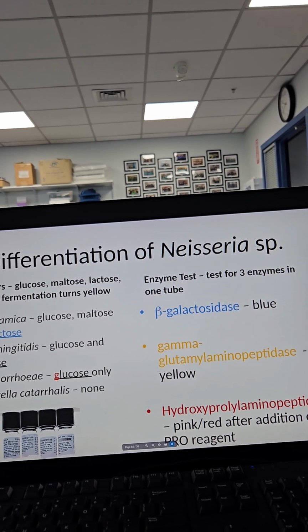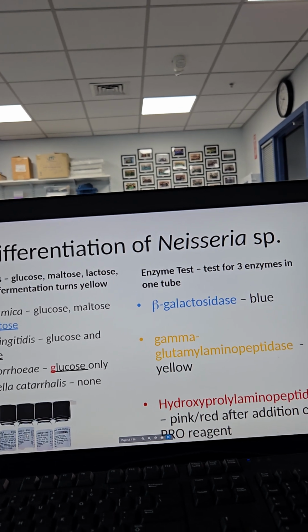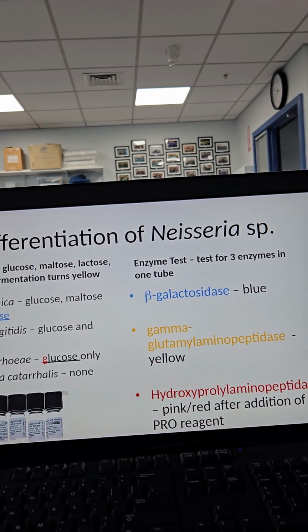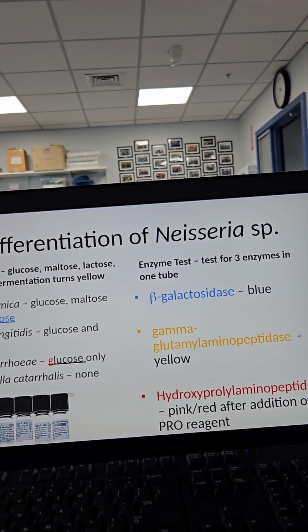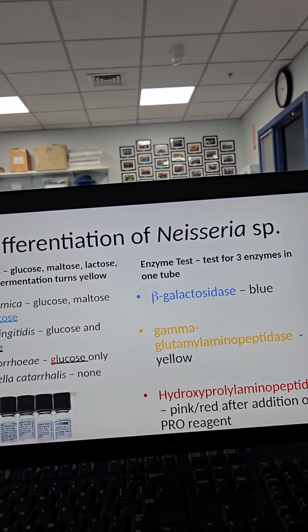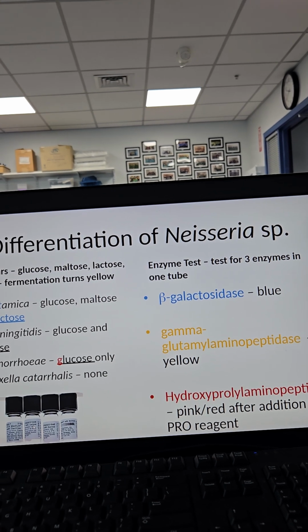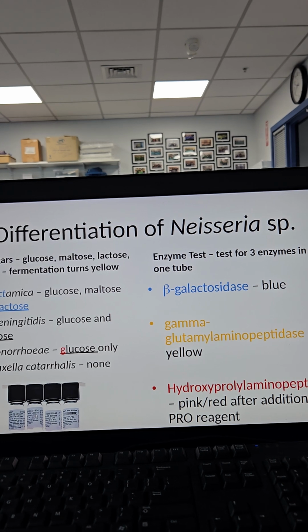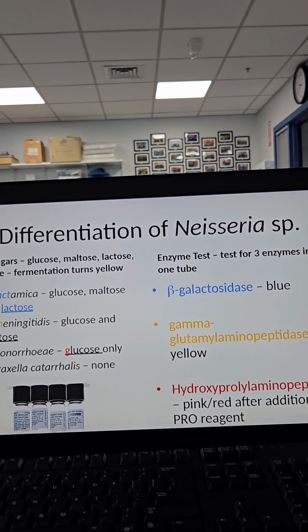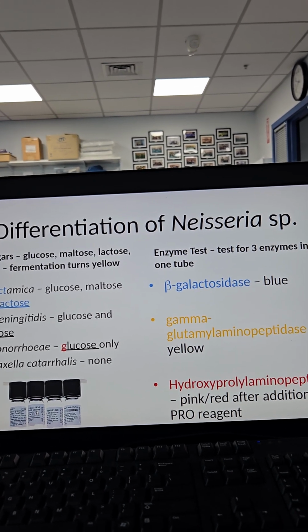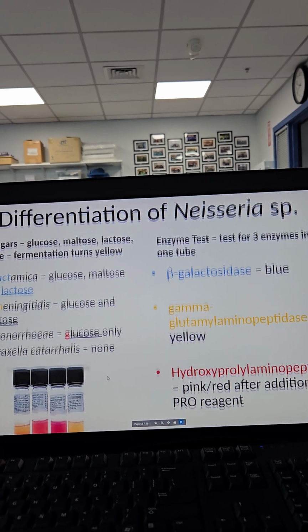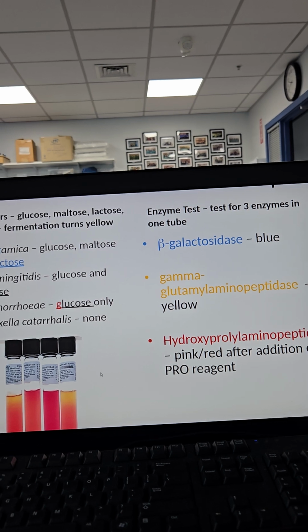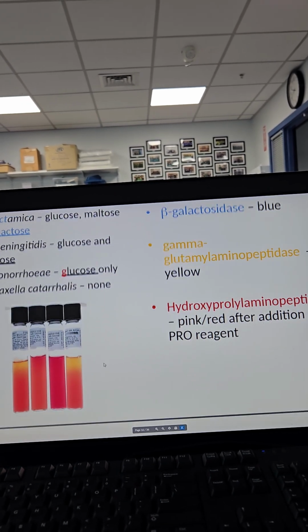You absolutely need to know that, because it is extremely important to the identification of these organisms and the BOC. If you only know the enzymes, you're not going to get the questions right on the BOC. And I believe I even have questions on the exam that have sugars in them.